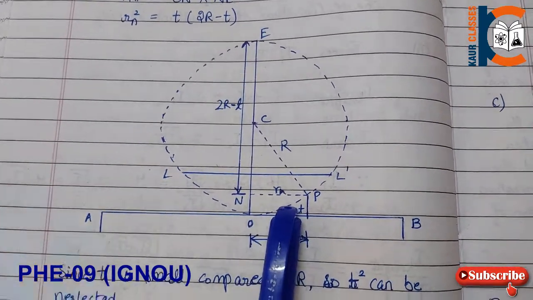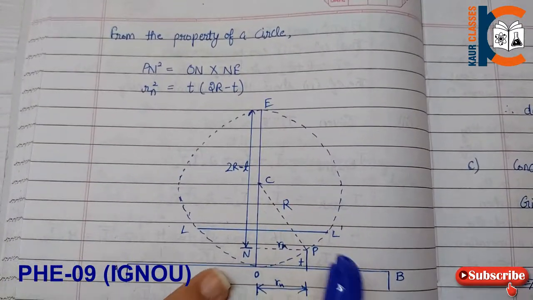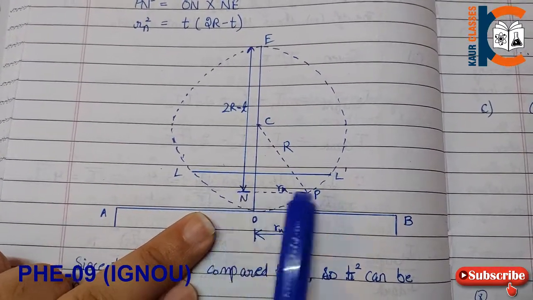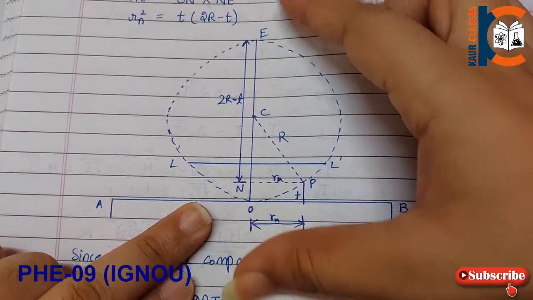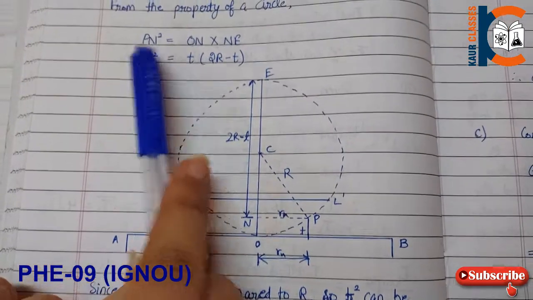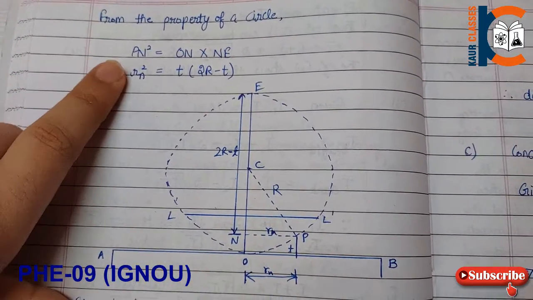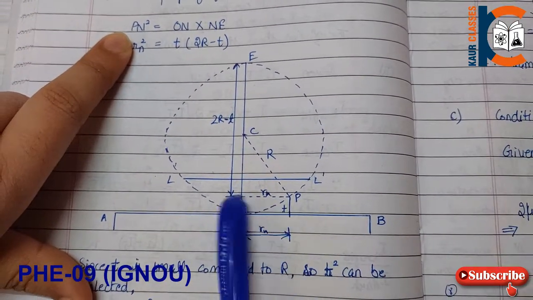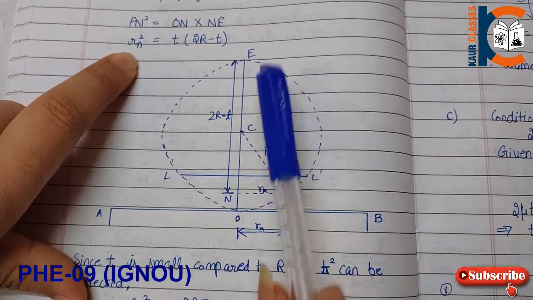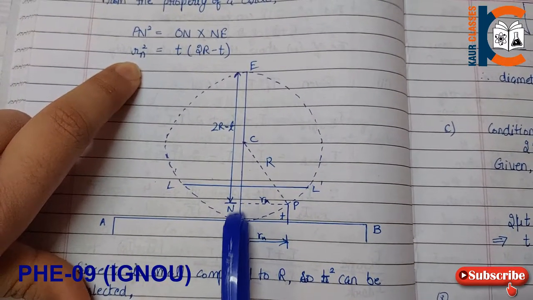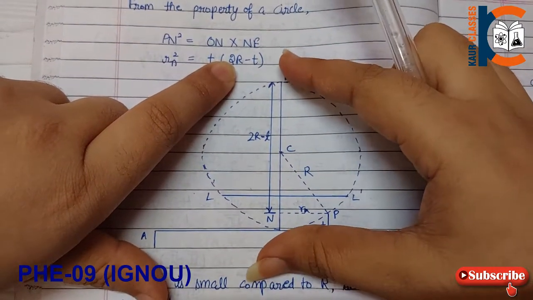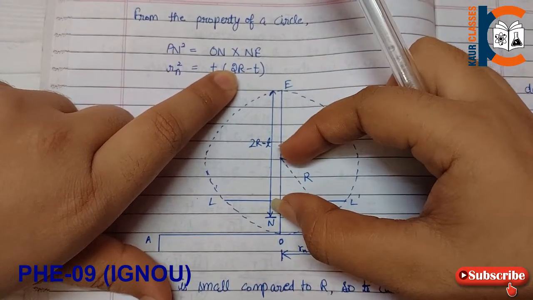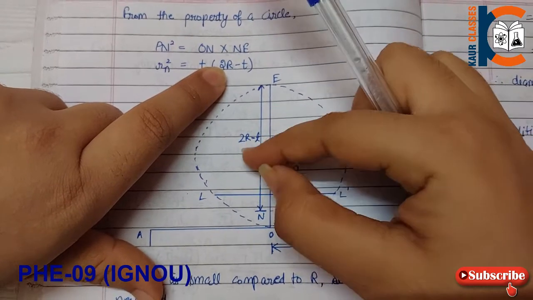We have to use the property of a circle: Pn square equals this distance into this whole distance. So we have used Pn square equals On into Ne. Put this value, Pn equals Rn. So Rn square equals On, which is the thickness t, times the whole, which is R plus R, that is 2R, minus t.